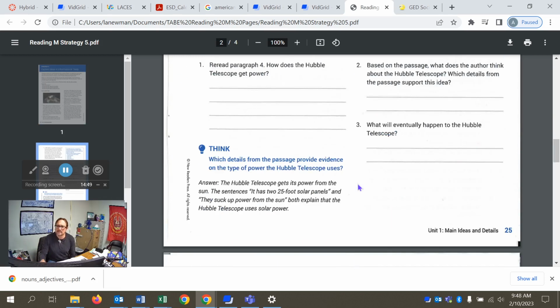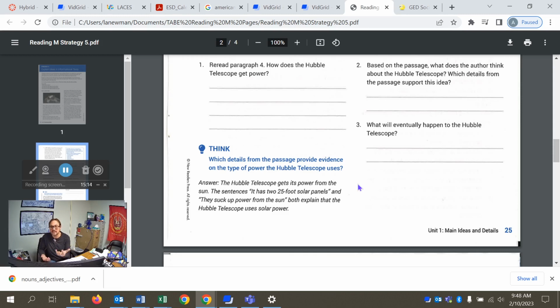Okay, 3, what will eventually happen to the Hubble telescope? Before I answer, number two was based on an implicit understanding. So, reading those details, the words like "voila" and "incredible knowledge," and knowing that they implied that the author has this favorable view. But number three is an explicit information question.